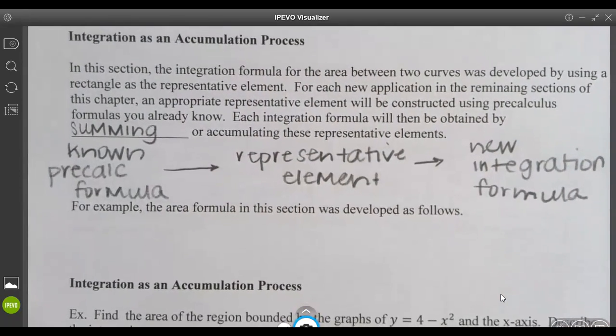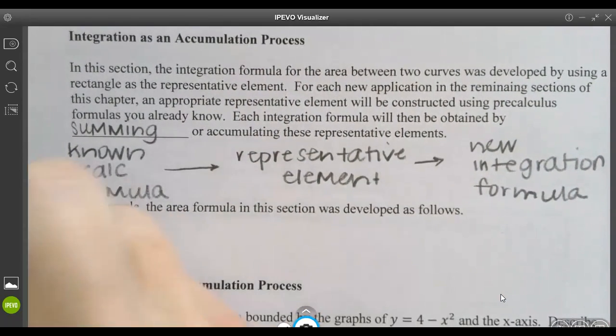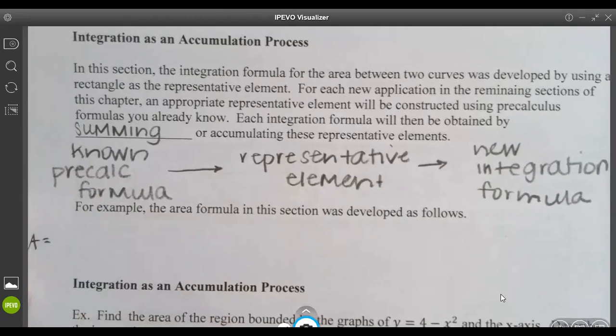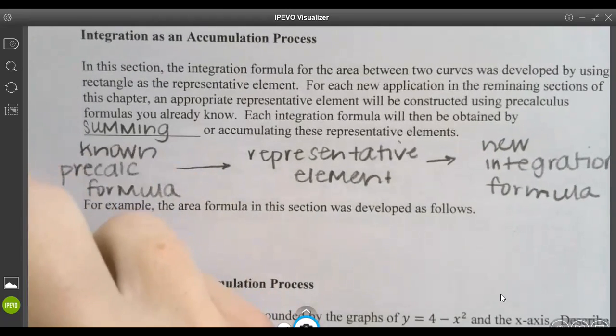For example, the area formula in this section was developed as follows. So that says A equals the height times the width.